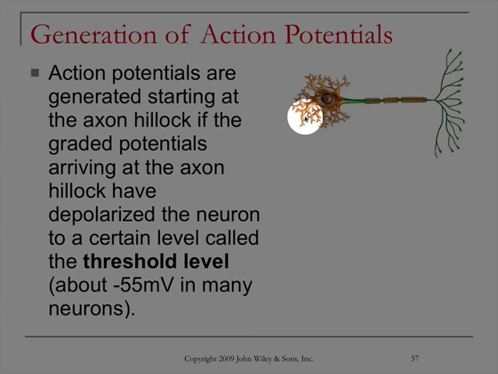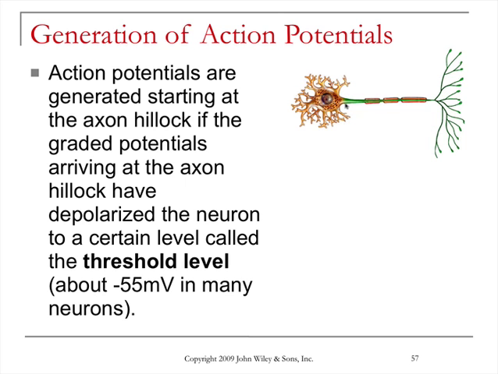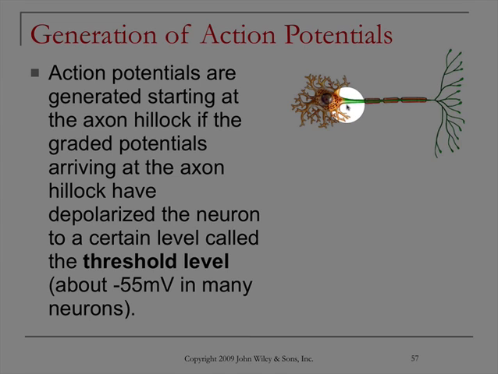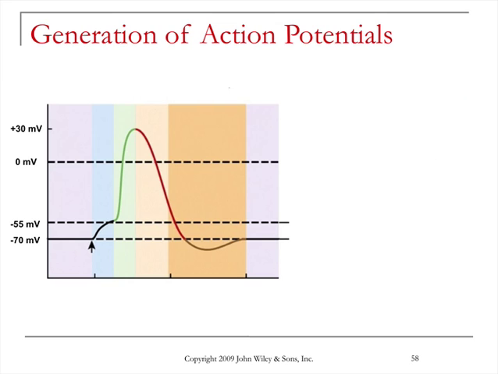You remember that a graded potential is decreasing in size the further we get from the source of the stimulus. If that graded potential has not died down too much and the membrane potential at the site of the axon hillock is at the threshold level, then automatically an action potential will travel down the axon.